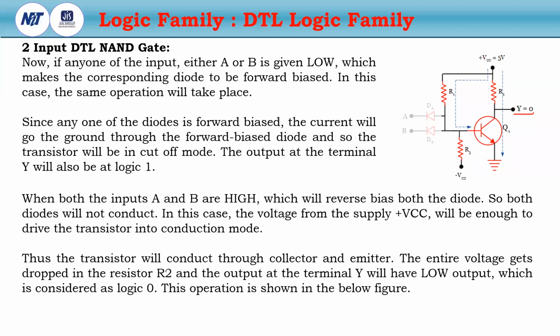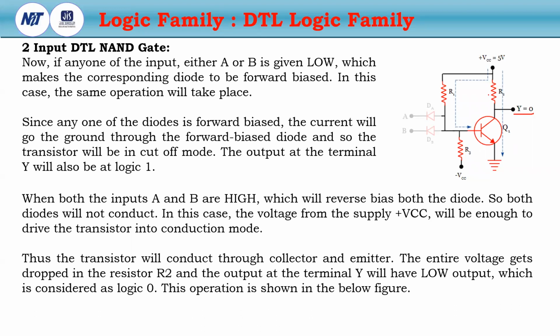Clear? So if both the diodes are in reverse bias, then the current will flow through R1 and this voltage drop will be greater than the VBE of 0.7 volt. Then the transistor will be in saturation mode. If the transistor is in saturation mode, then the current will flow through R2 to the ground.